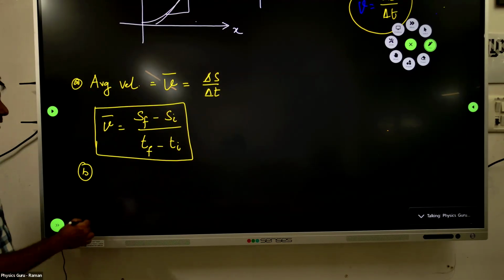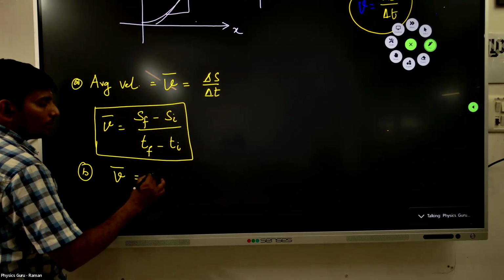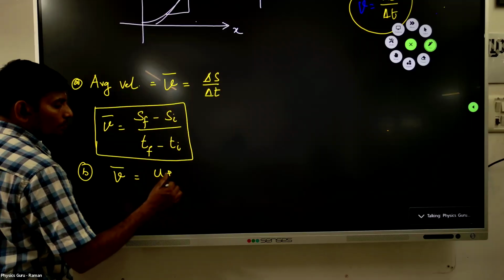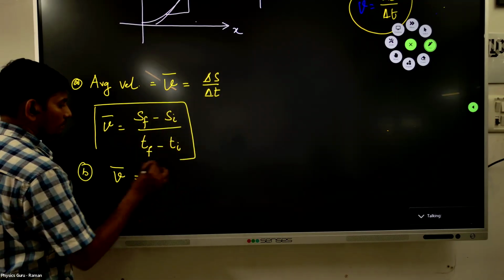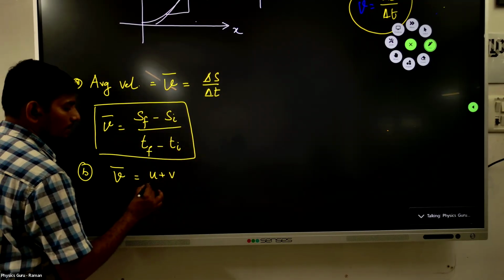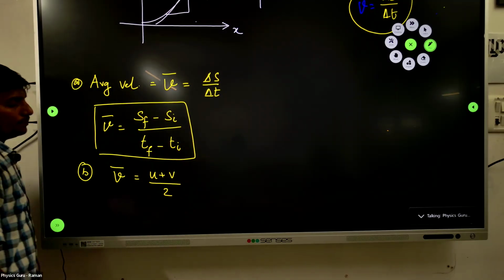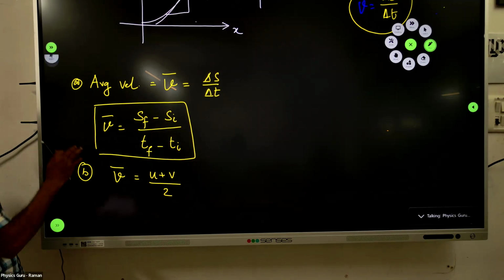Another form of average velocity: average velocity is equal to U plus V divided by 2. U plus V divided by 2.